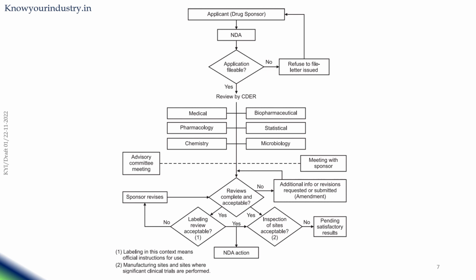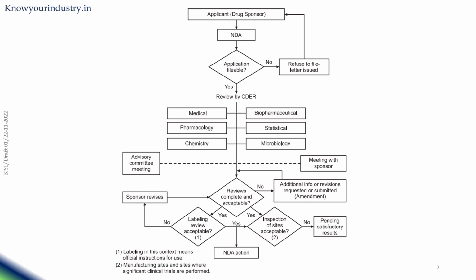If the review is complete and the application is acceptable, then it goes to the labeling review. If the labeling review is not acceptable, then they issue a deficiency letter to the sponsor. The sponsor revises its labeling and it again goes to review.